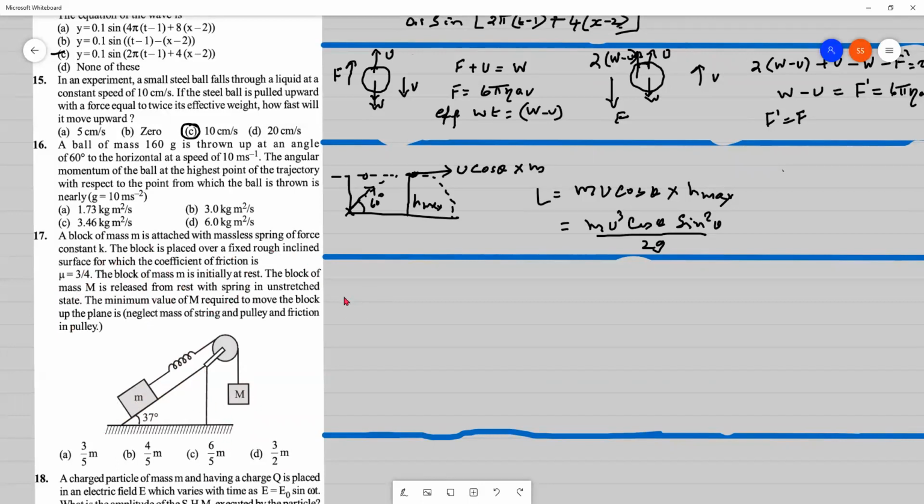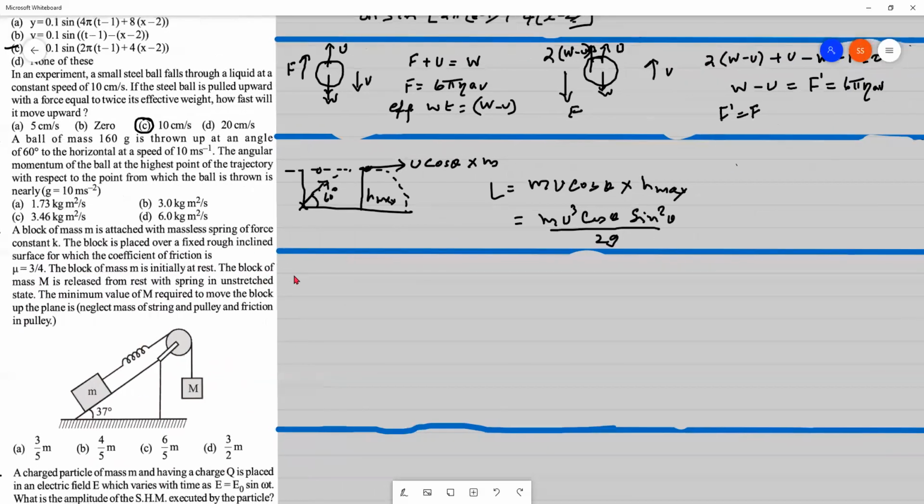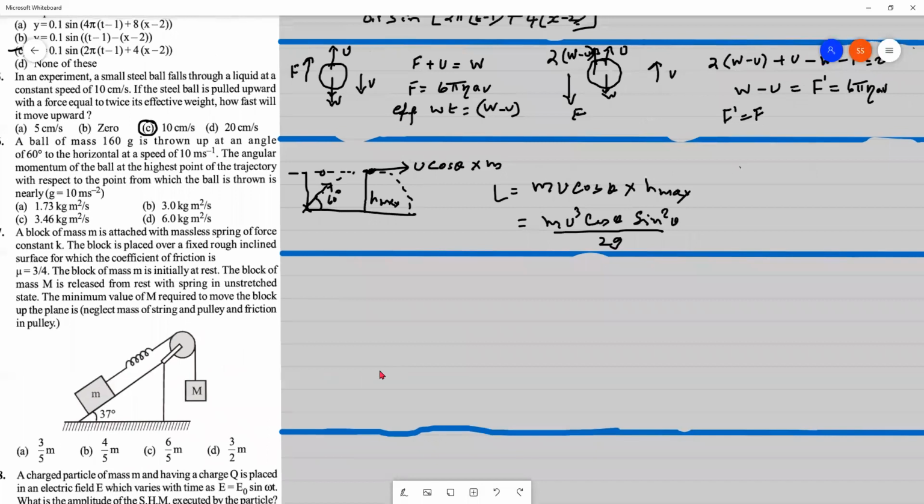In spring problems, there is a difference between release and dropping it slowly.